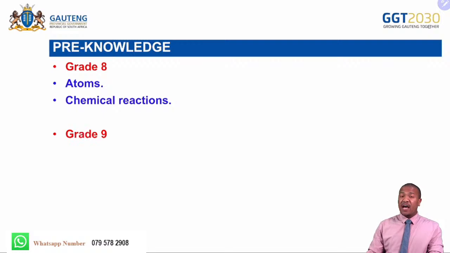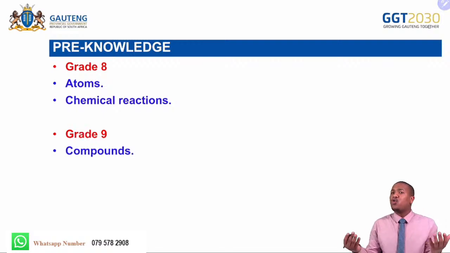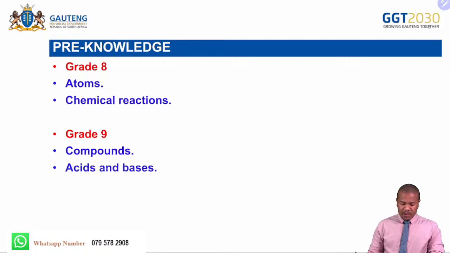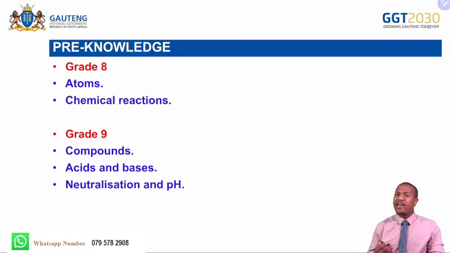We also have done in grade 9 compounds, right? Which are two or more different elements chemically bonded in a fixed ratio, right? We also have done acids and bases. We also have done neutralization and pH, which I said that we are going to revisit again so that we come along with this topic very well, right?